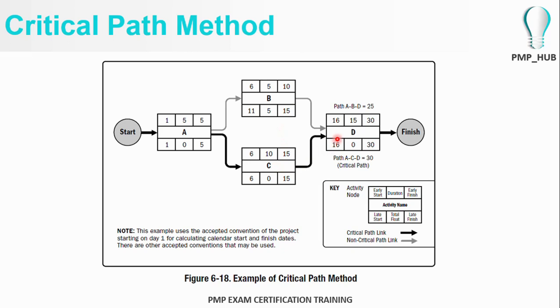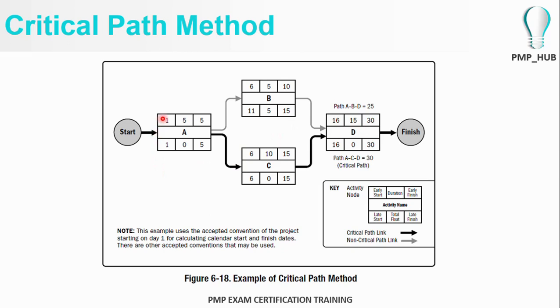In this example, please note that it has been developed using calendar days. To understand the diagram, activity A has a duration of 5 days, activity B has a duration of 5 days, activity C has a duration of 10 days, and activity D has a duration of 15 days.